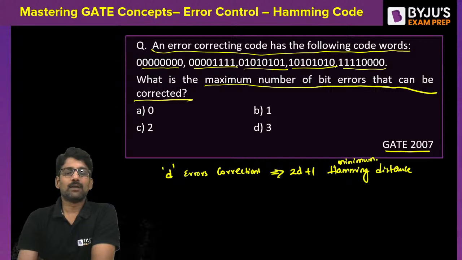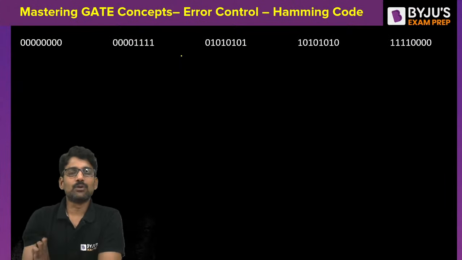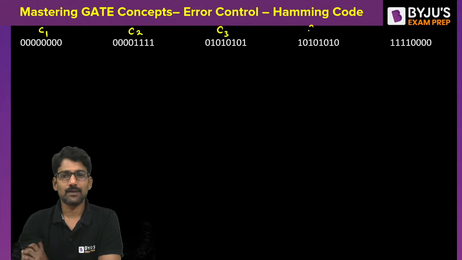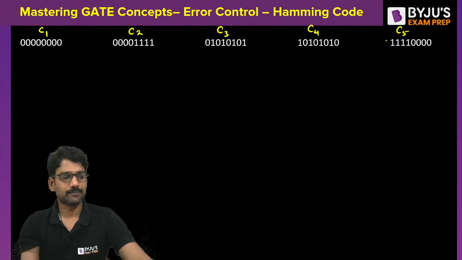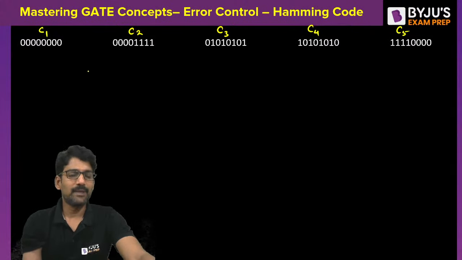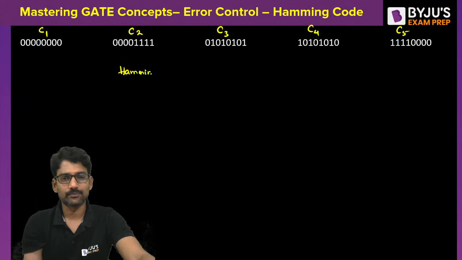Okay. Now guys, these are the code words we have. Let me mark them as C1, C2, C3, C4, C5. Now what we have to do? Find the minimum Hamming distance. What is the Hamming distance between C1 and C2?